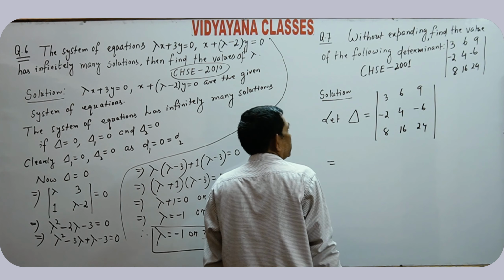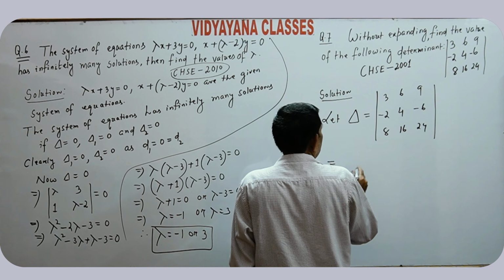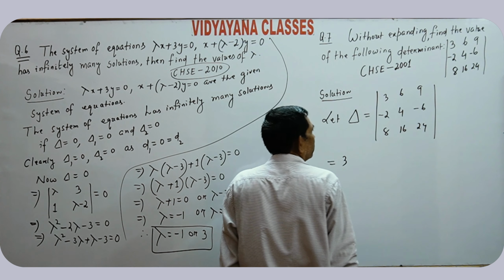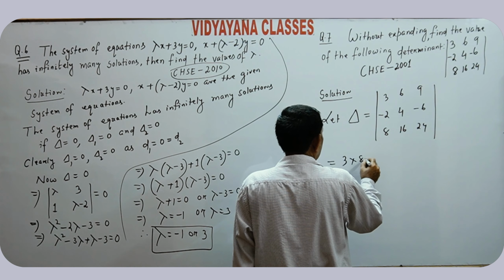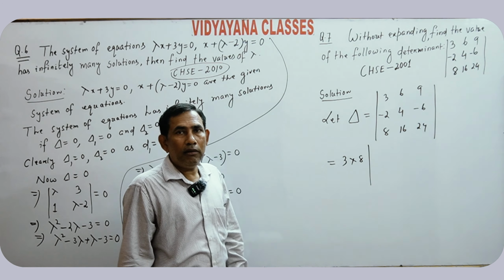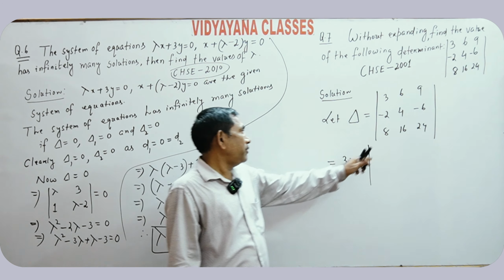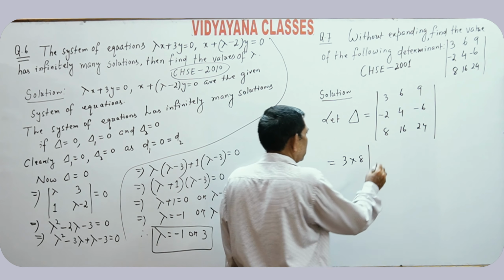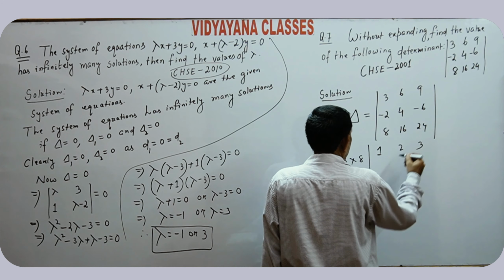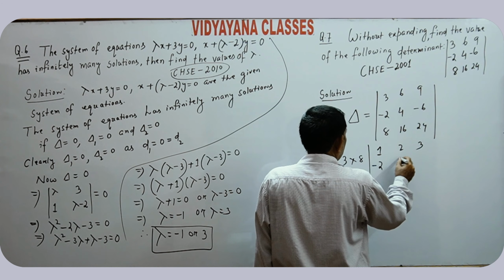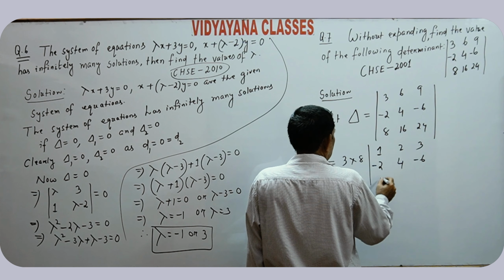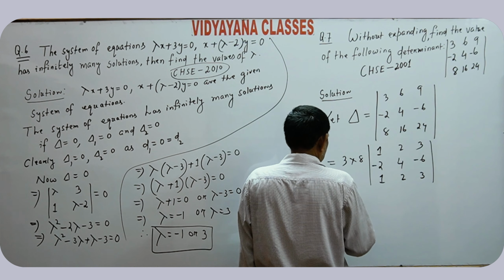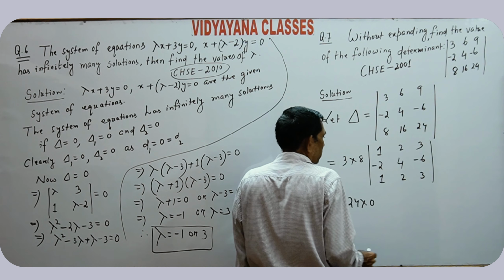Taking 3 from row 1 and taking 8 from row 3 as a common, it gives 1, 2, 3, minus 2, 4, minus 6, 1, 2, 3. Which is equal to 24 into 0.